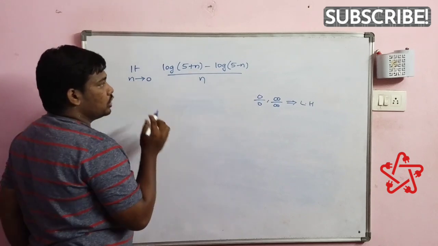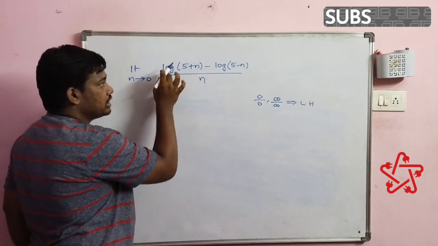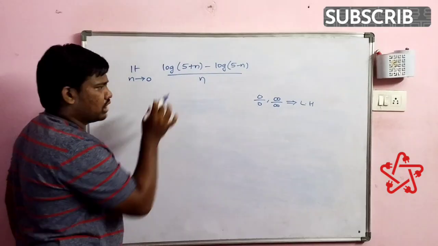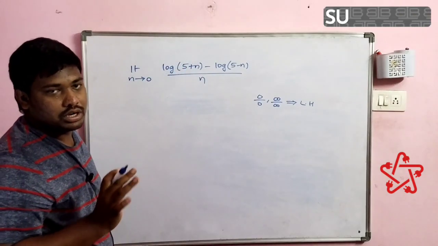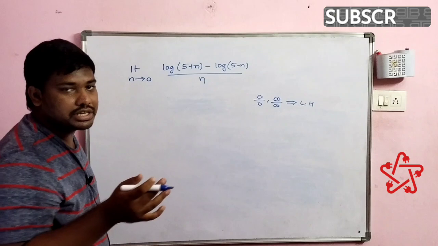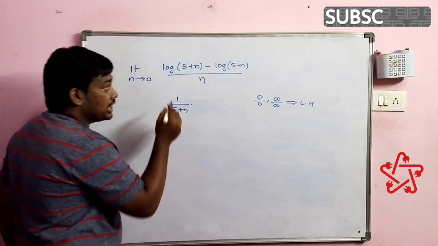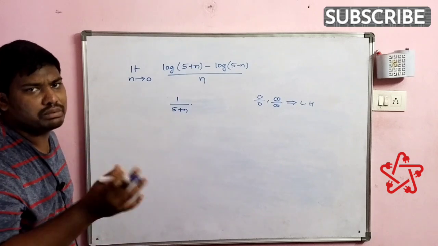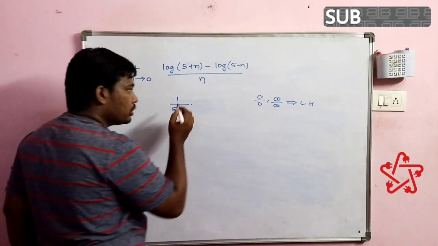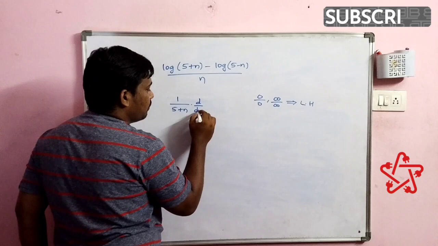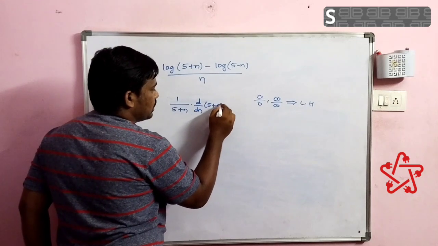Now differentiate the numerator. It is of the form log x. Assume this is x something. Then differentiation of log x is 1 by x. But here it is not x actually, it is something other than x, so we need to differentiate it again: d by dn of 5 plus n.